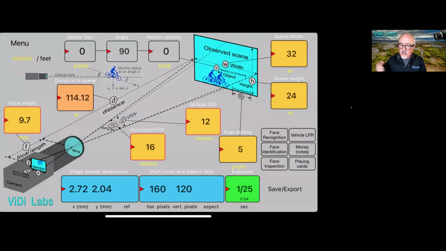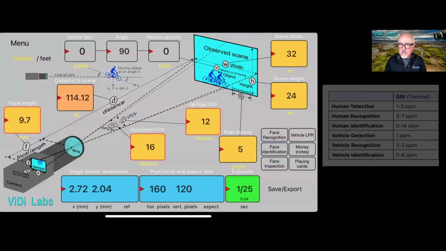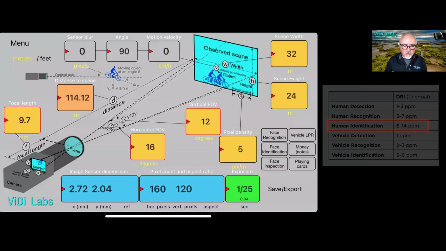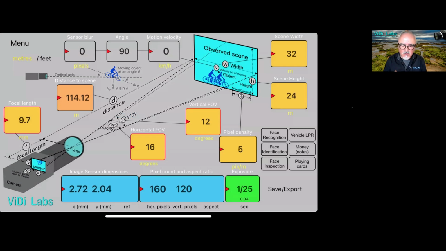And if we want to go further, to verify that it perhaps is not a kangaroo or a deer, let's go to thermal identification, which requires 6 to 14 pixels. It's up to you and the precision of the optics and so forth, but in between 6 and 14, 14 minus 6 is 8, divided by 2 is 4, so let's go to 10 pixels per meter.